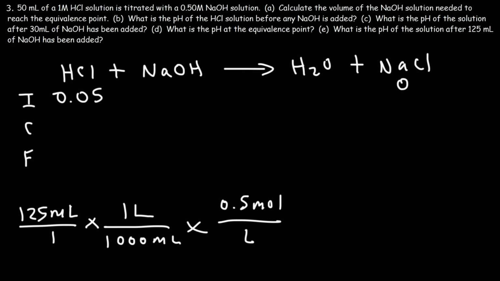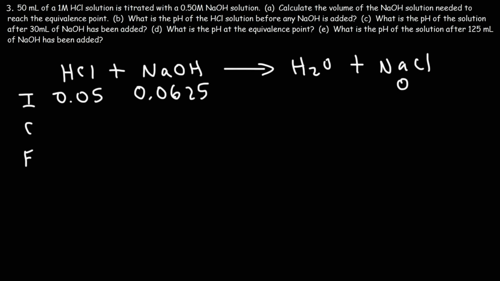Multiply that by 0.5, and we get 0.0625 moles of sodium hydroxide. So notice that the volume is beyond the equivalence point. The equivalence point occurred at a volume of 100 milliliters. So we're going past the equivalence point. We're going to have excess hydroxide in the solution. So the pH is going to be above 7.